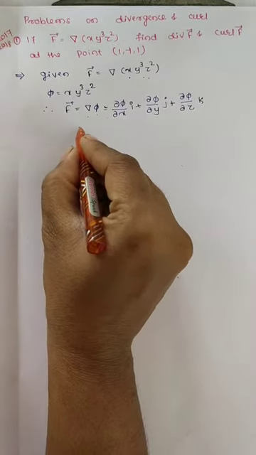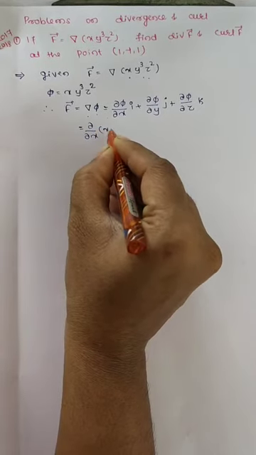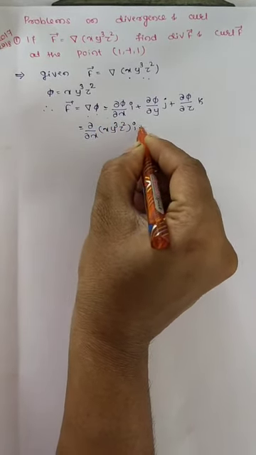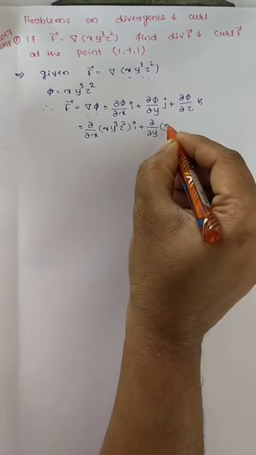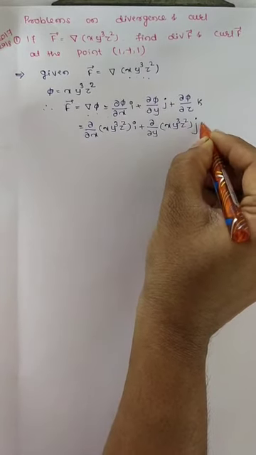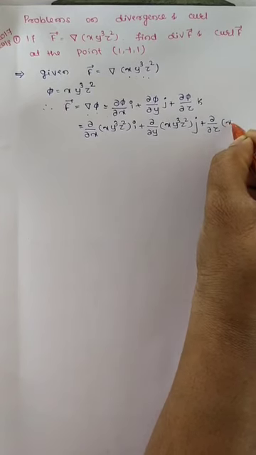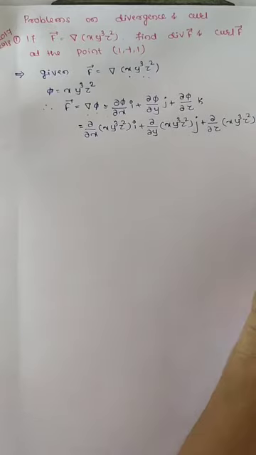Therefore, we substitute this phi: dou by dou x of x y cube z square i plus dou by dou y of x y cube z square j plus dou by dou z of x y cube z square k.